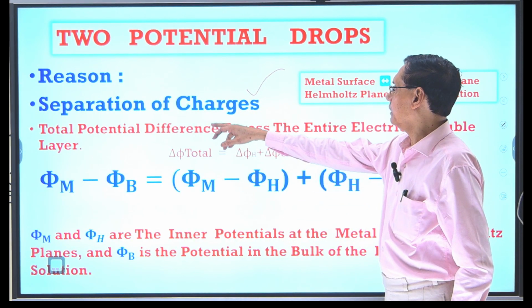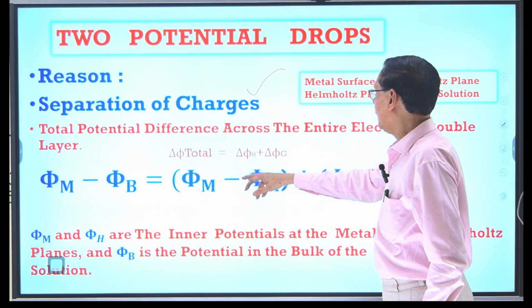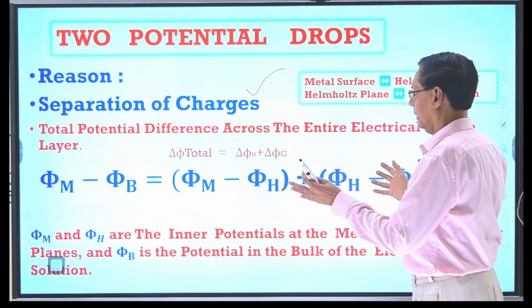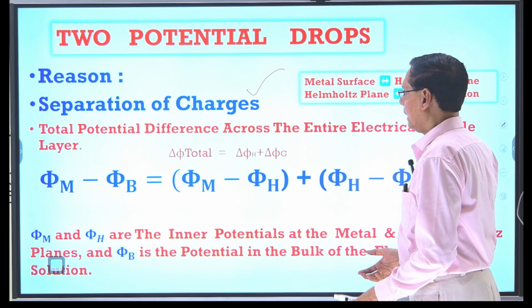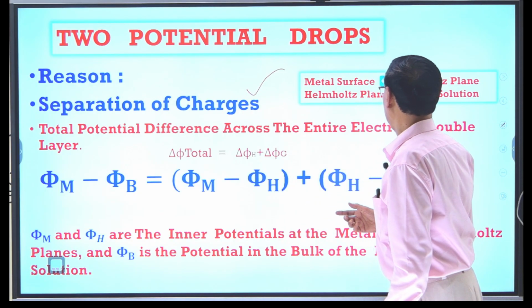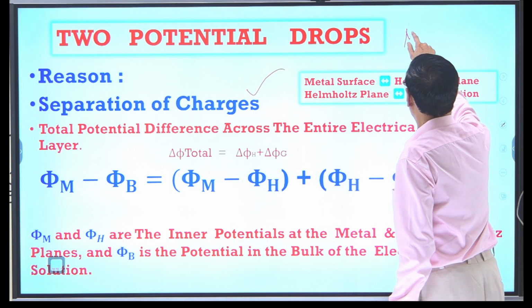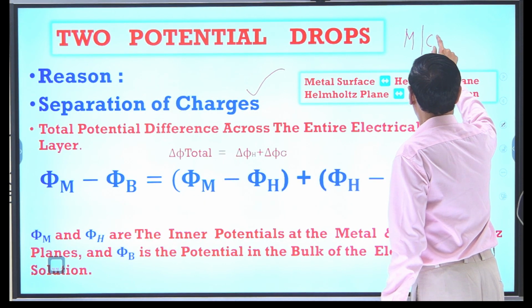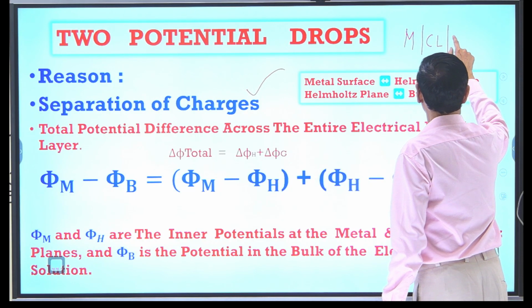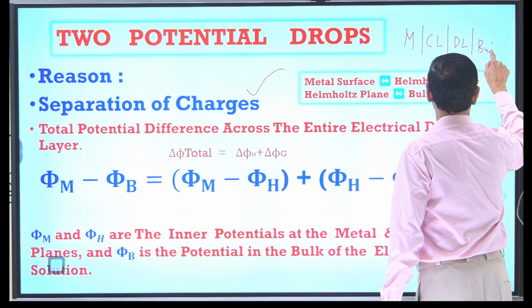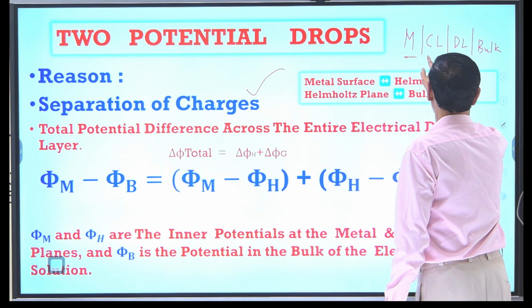How do I calculate the total potential difference across the entire electrical double layer? Because you know that first is the metal, then the compact layer, then the diffuse layer, and then the bulk. You follow my point? There are four parts.